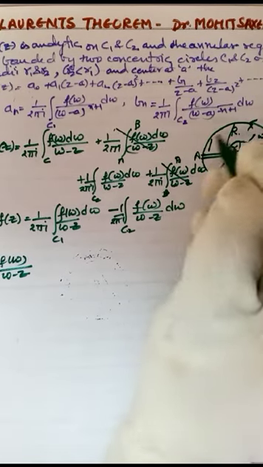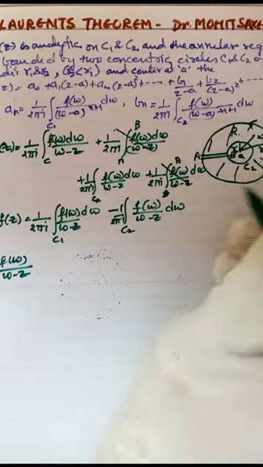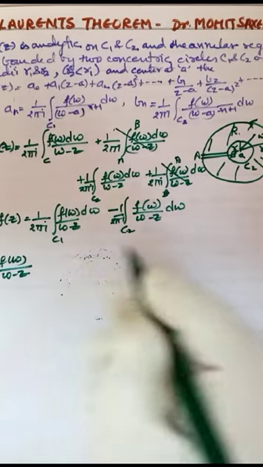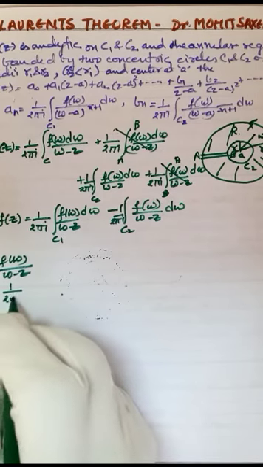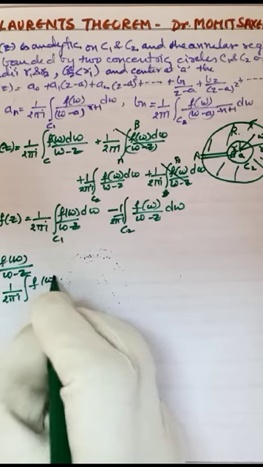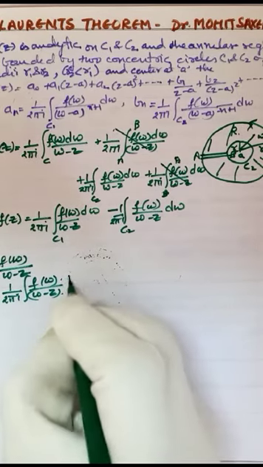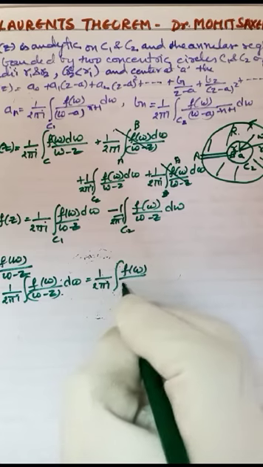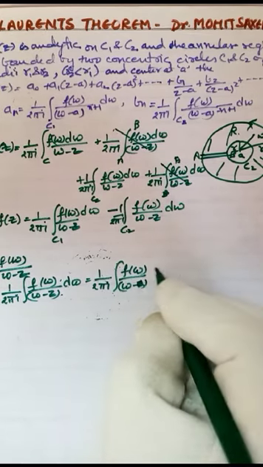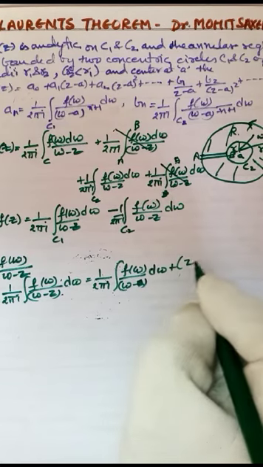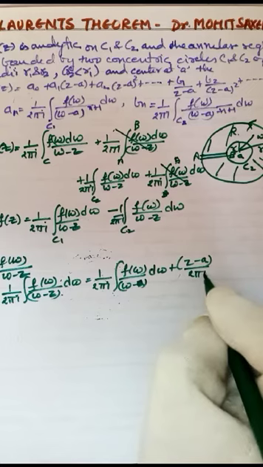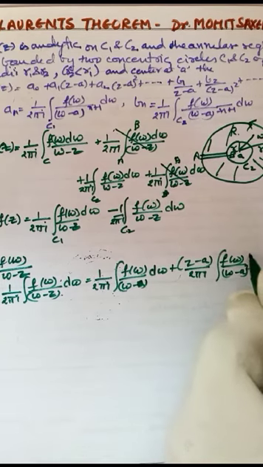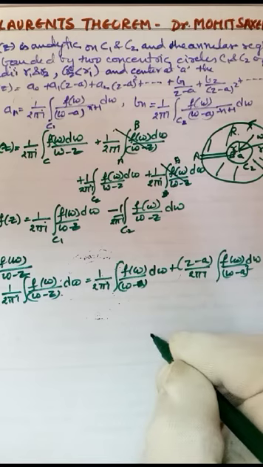If we take C1 as a closed contour, we apply Taylor's theorem and we get 1 upon 2 pi i integral of f(w) upon (w minus z) dw equal to 1 upon 2 pi i integral of f(w) upon (w minus a) dw plus (z minus a) upon 2 pi i integral of f(w) upon (w minus a) whole squared dw plus dot dot dot. Why?